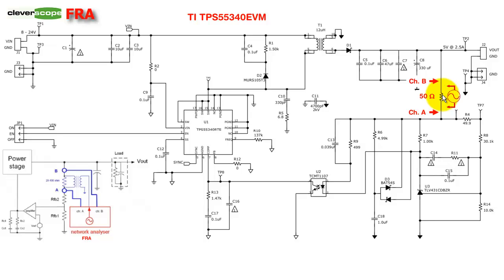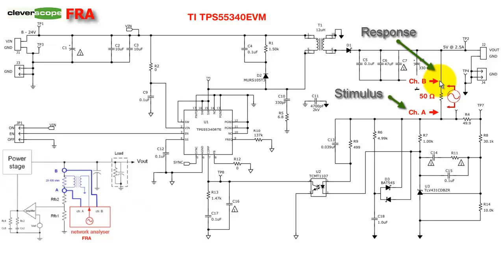It's isolated, and so it can go directly across any node in the circuit. We attach the ground side of it, which isn't really ground, to the low impedance node, which is this one. We inject the center point of the BNC to this side. We connect channel A to the stimulus side and channel B to the response side.